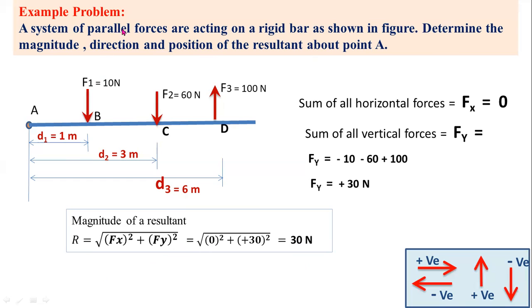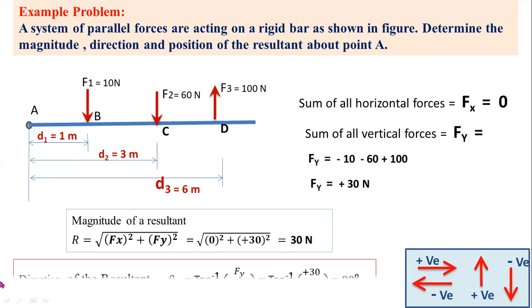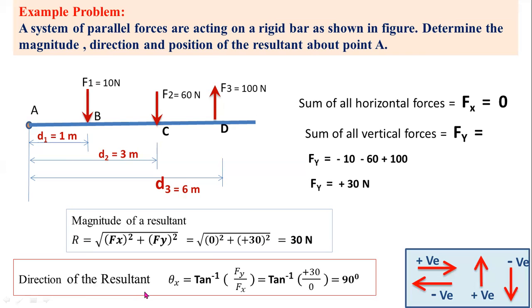Now you have to find the direction of the resultant. Already we know the formula for the direction of the resultant with respect to the x-axis. Theta x equals tan inverse of the summation of all vertical forces divided by the sum of all horizontal forces.